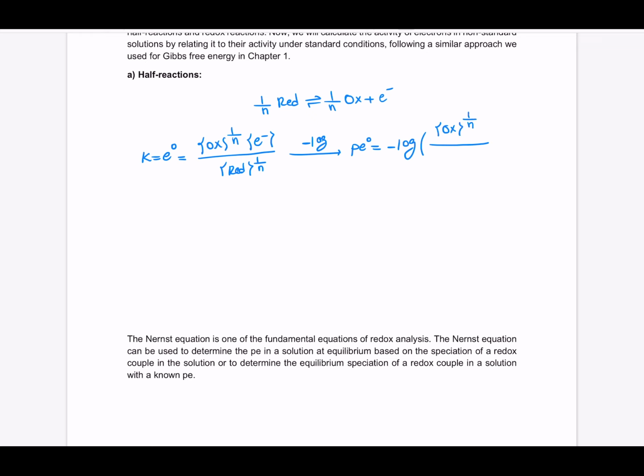Oxidized 1 over n and reduced form 1 over n, and then the activity of electron. Now we can apply this function to the individual parts. So this would be equal to minus log of the oxidized species 1 over n over the reduced species 1 over n, minus log of the activity of electron.